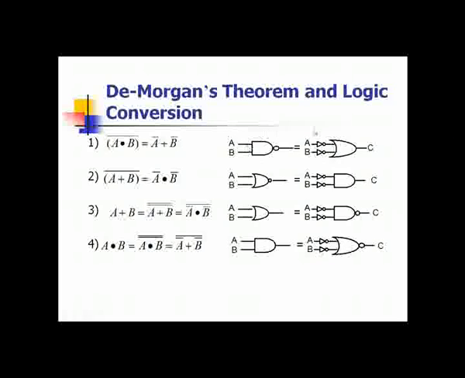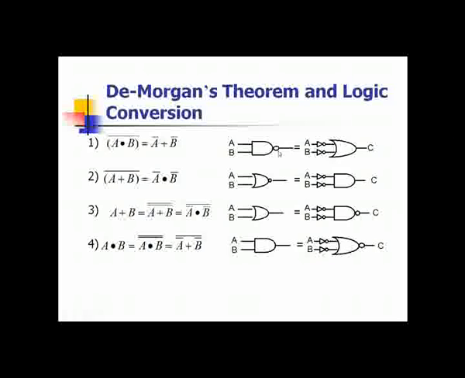For example, here you can see in the slide, in example number 1, we are complementing an AND function, meaning A and B are multiplied and it is complemented. According to this De Morgan law definition, it is equal to the complement of the individual functions. For example, A is a function, this dot is also a function, and again B is a function.